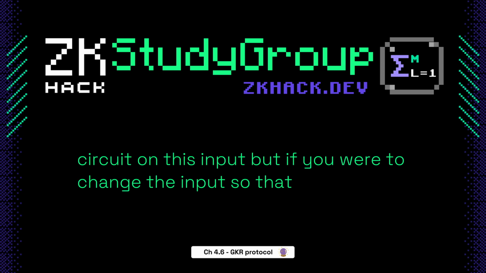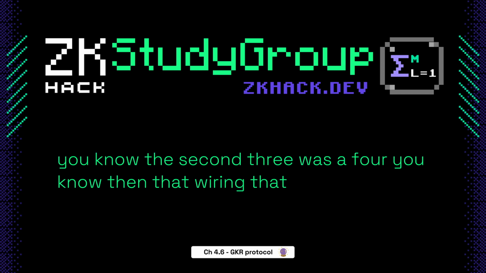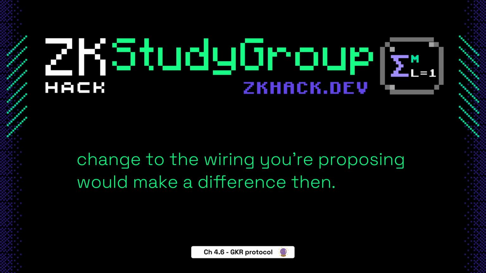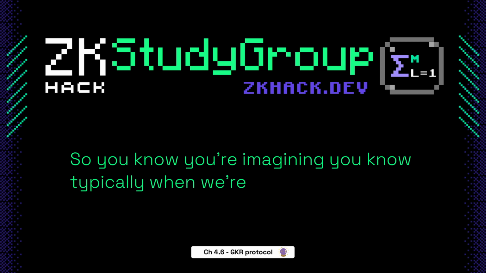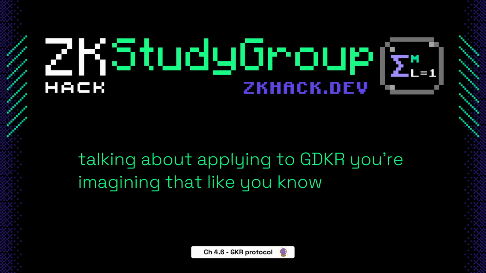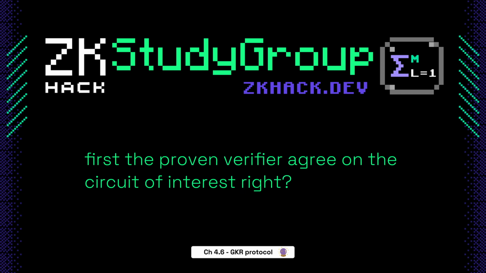But if you were to change the input so that the second 3 was a 4, then the change to the wiring you're proposing would make a difference, right? Typically when we're talking about applying the GKR protocol, you're imagining that first the prover and verifier agree on the circuit of interest, right?